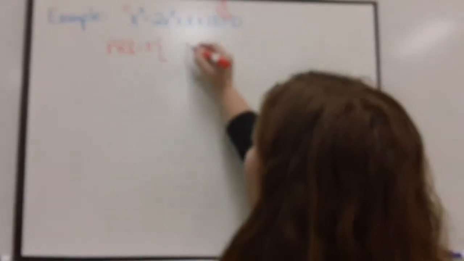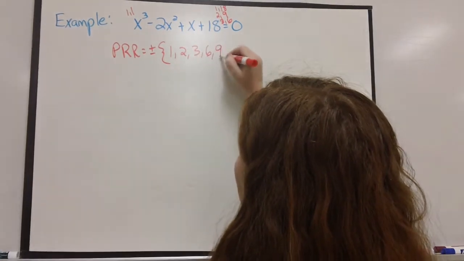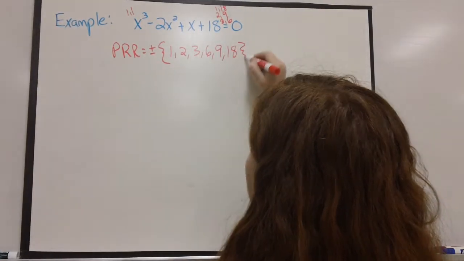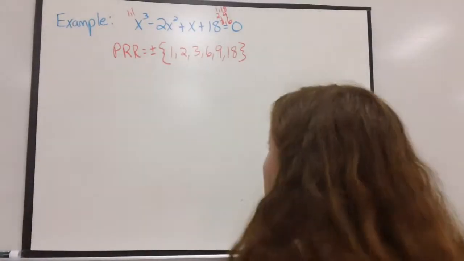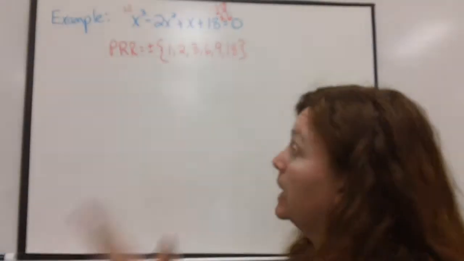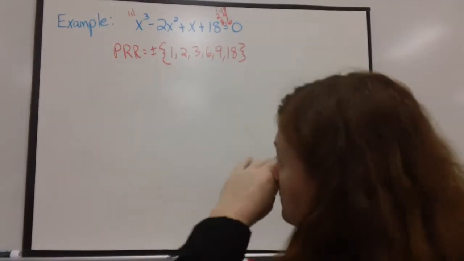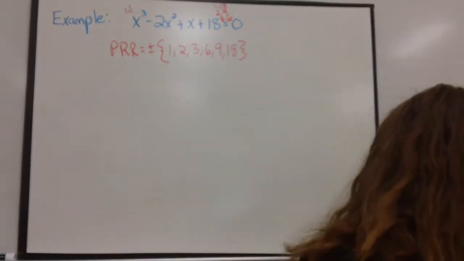So, I have 1 over 1, 2 over 1, 3 over 1, 6 over 1, 9 over 1, and 18 over 1. I'm going to plug these into synthetic division in hopes of finding a root, and then I can move from there. I like to keep those separate.